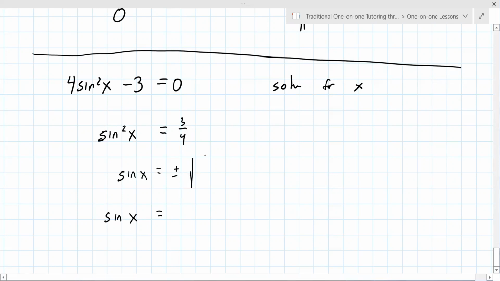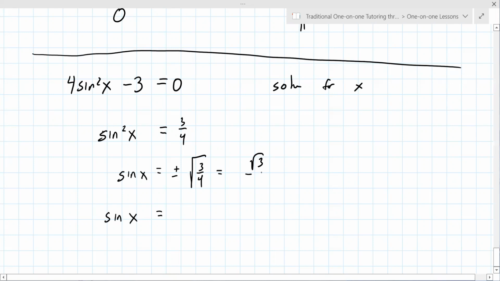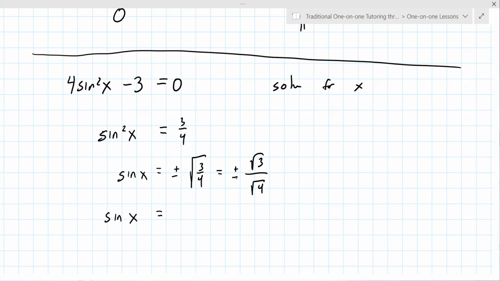I don't know. Okay, so you have to take the square root of the top and the square root of the bottom. Oh, square root of 3/2.